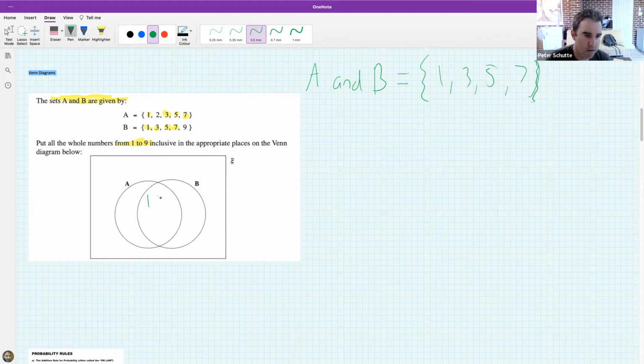So 1, 3, 5, 7. Now, what about the other elements? We haven't used them all. The sample space S was all the elements 1 to 9, so we still have to put more items in our drawing.